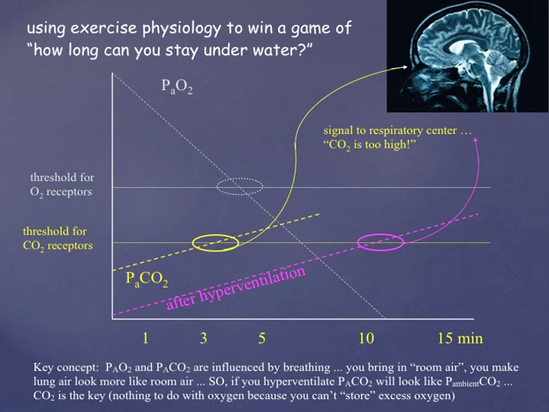So the respiratory center in the brain may get a message from the carbon dioxide receptors, but it's not functioning anymore because it hasn't been receiving enough oxygen. So even though the message gets to the brain, there is no message from the brain saying we've got to breathe.